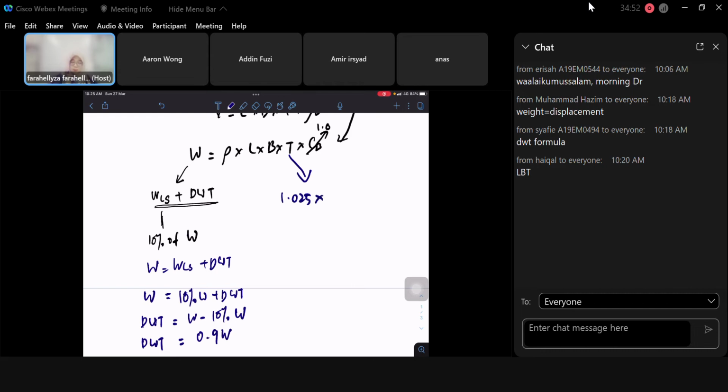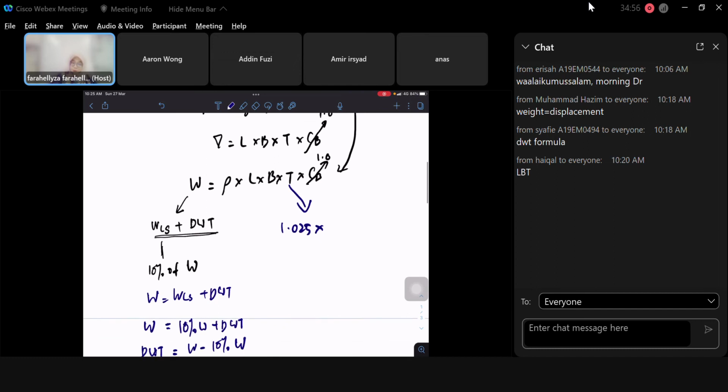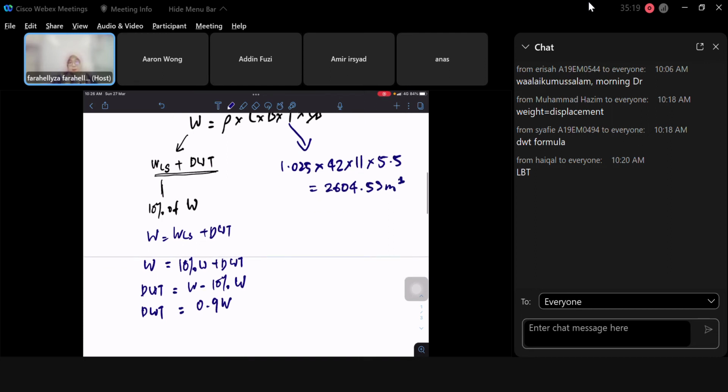L, just now we have L is 42 meters, B is 11 and T is 5.5 meters. So you find this right side, and I got 2604.53 meter cube. So that is the right side.